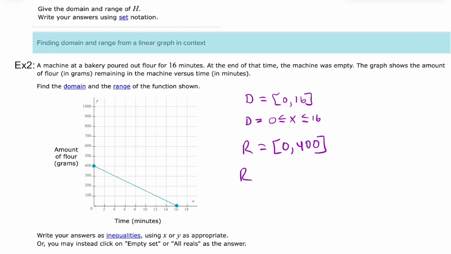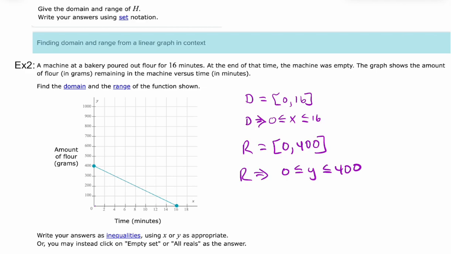So when we write out the range in inequality form, our lowest value is 0, our highest value is 400. And you would want to talk about those being the y values.